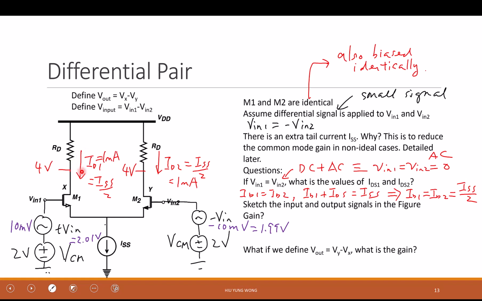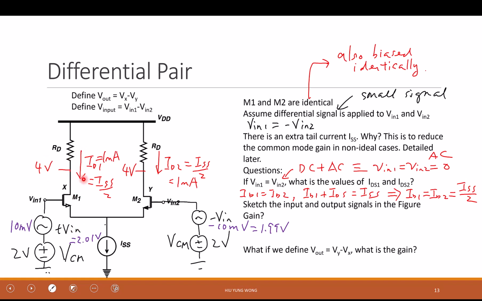Who thinks it will increase? Here we are increasing the gate voltage. Who thinks it will decrease? Sorry, I've been confused, I'm talking about current, not voltage. So I increase the gate voltage, what happens to the drain current?